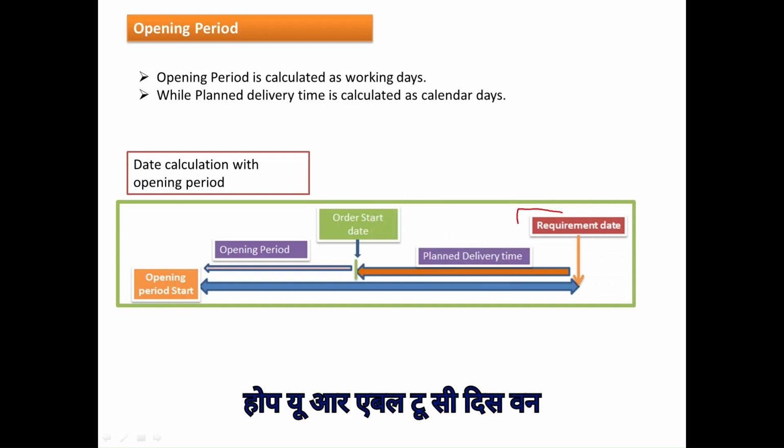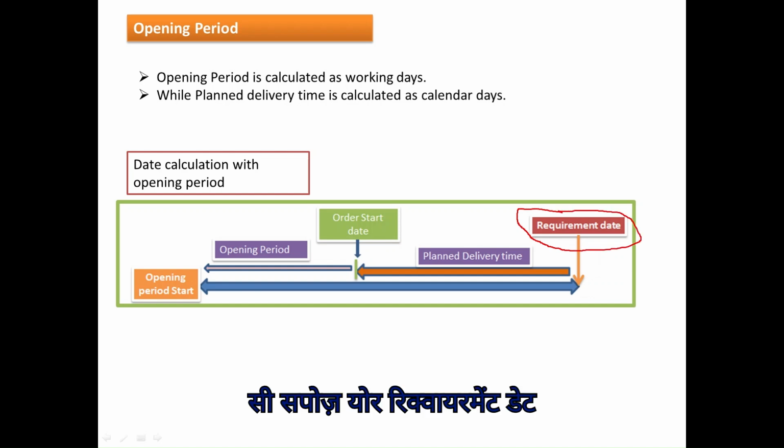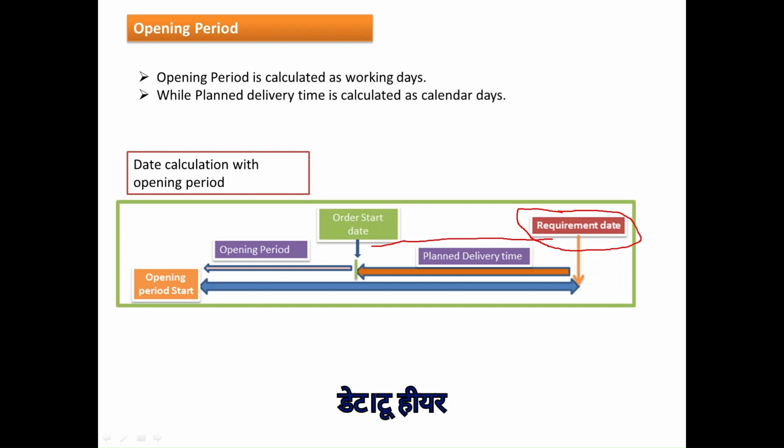Hope you are able to see this. Suppose your requirement date is here, and the planned delivery time is calculated from the requirement date to here.